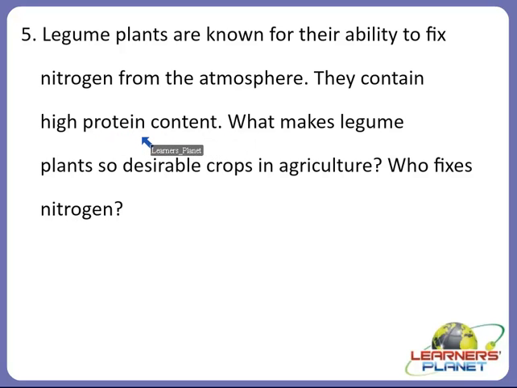Alright? Means they are very proteinaceous. Legumes are proteinaceous. We studied about it. So children, what is it that makes legume plants such desirable crops in agriculture? As you know, legume plants are among the most used or most desirable crops in agriculture.